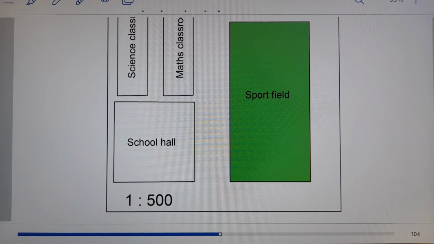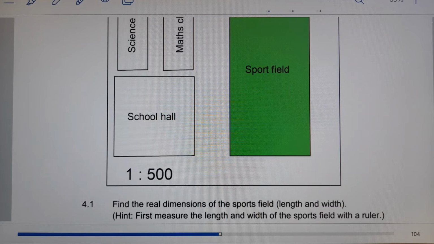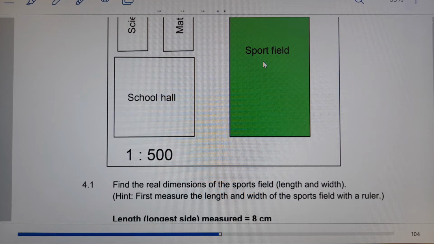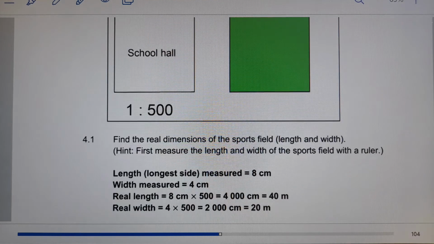Then once you get the map distance, you can calculate the real distance for the length. And you do the same, you take the measurements on the width. And once you have the map width, you can multiply it with the map scale and you can get your distance, okay? So they've already done it for us.